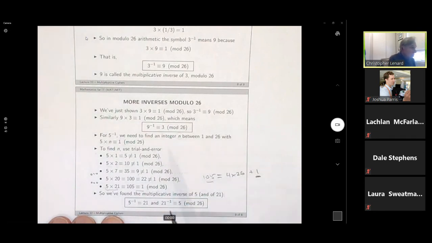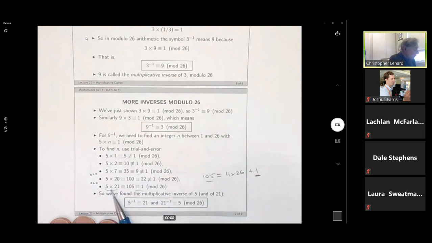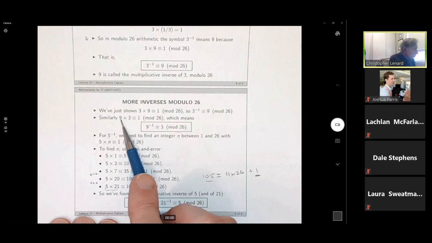That also means, this is important, if the inverse of 5 is 21, that must mean the inverse of 21 is 5. If the inverse of 3 is 9, that must mean the inverse of 9 is 3, because we've just got the same thing. What do I have to multiply by 9?